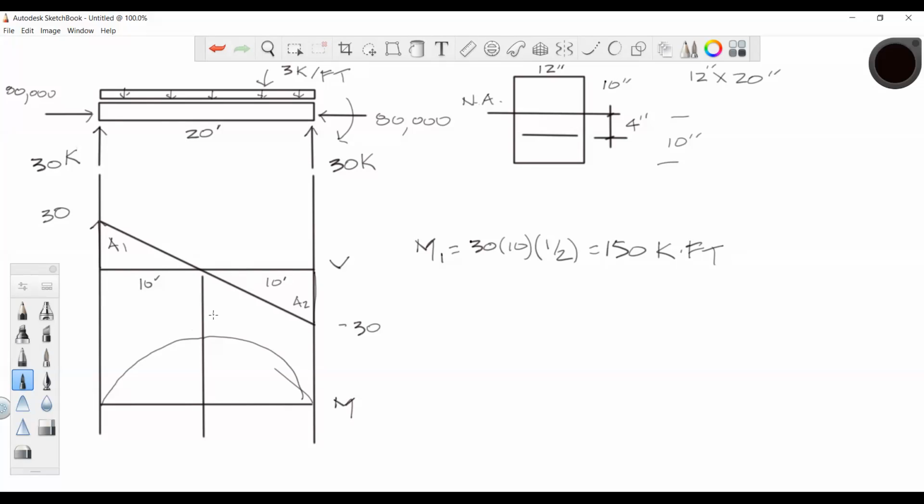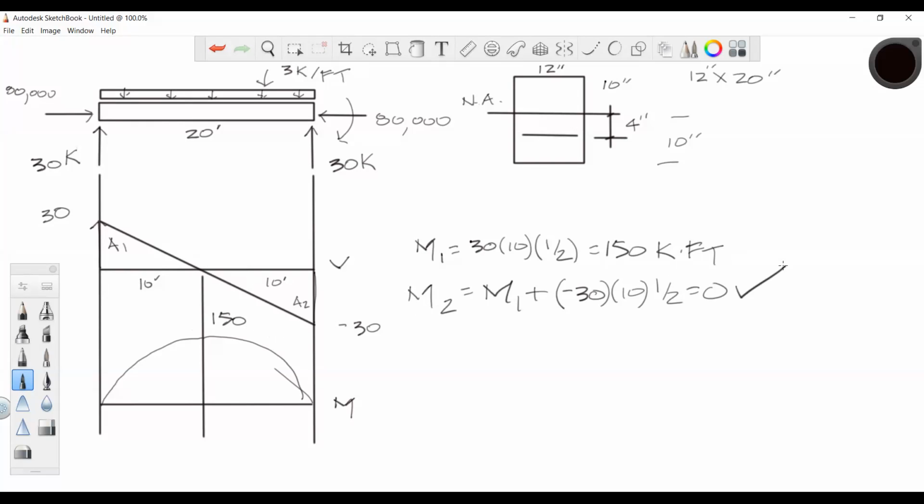So this is at 150. And then the moment at 2 has to be equal to 0. So that's going to be the moment at 1 plus area 2, which is negative 30 times 10 times 1/2. And that goes to 0, and that checks.